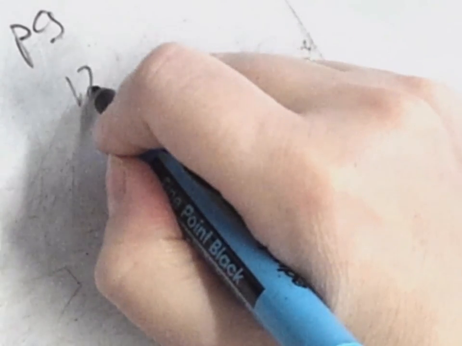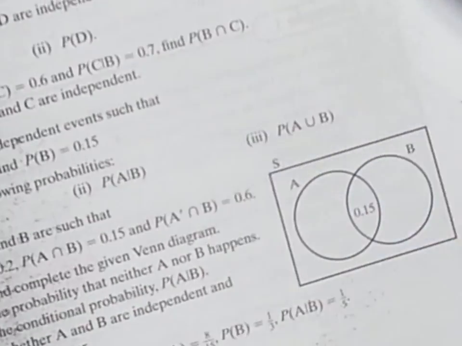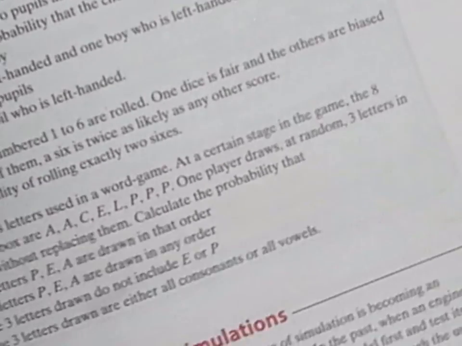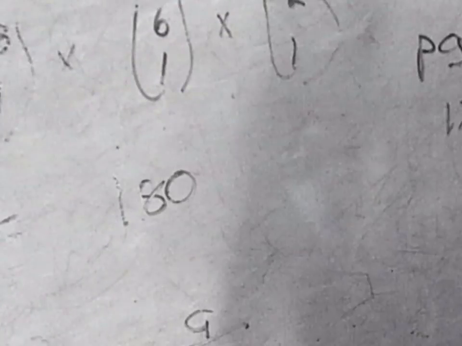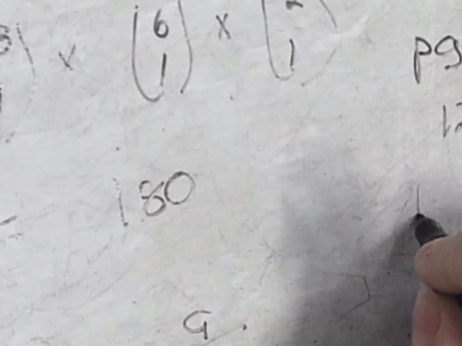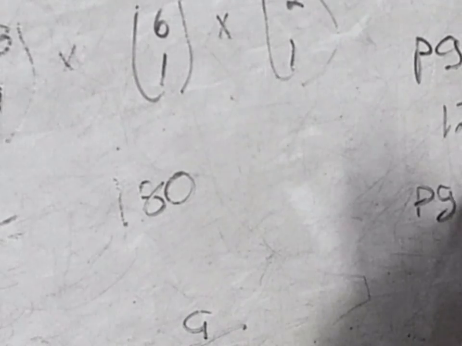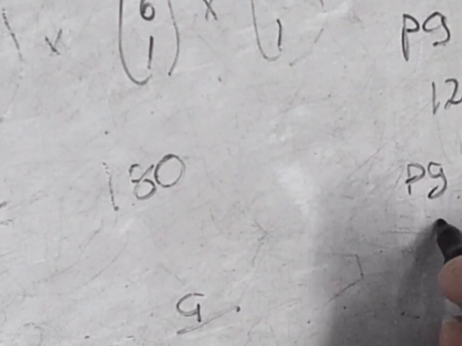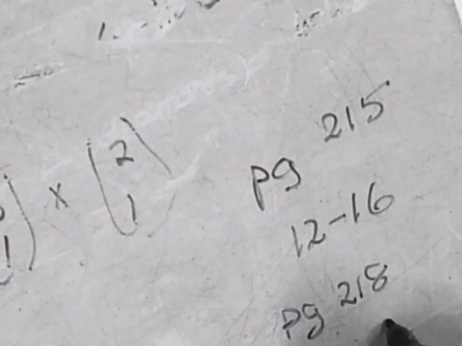And on the permutations and combinations page, let's do page 218. You've done up to 3, so let's do 4 up to 9. Between now and tomorrow, those.